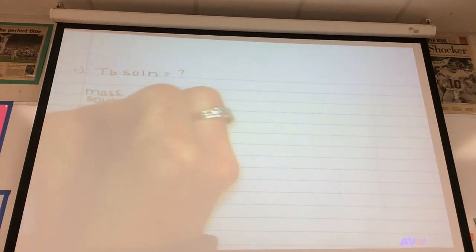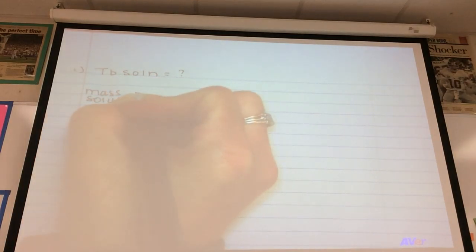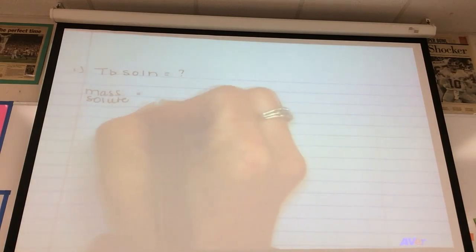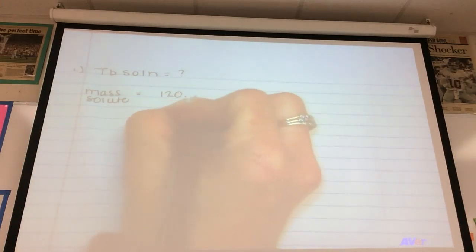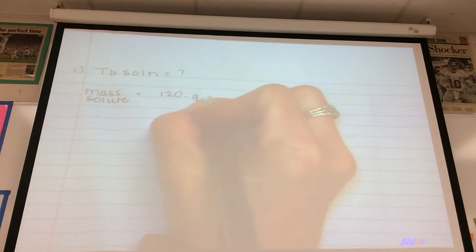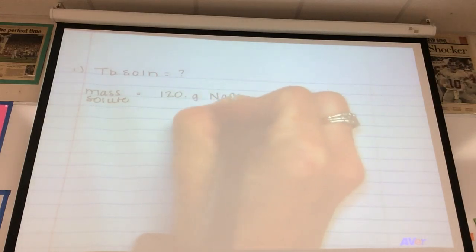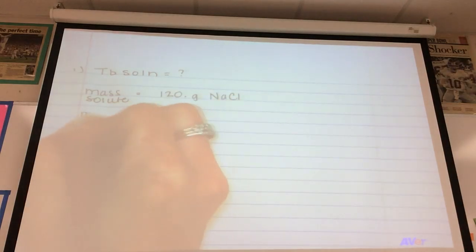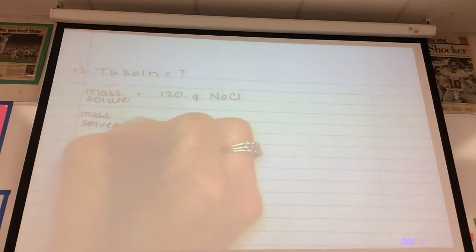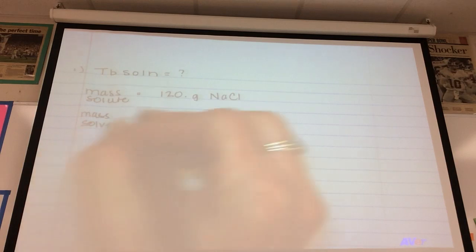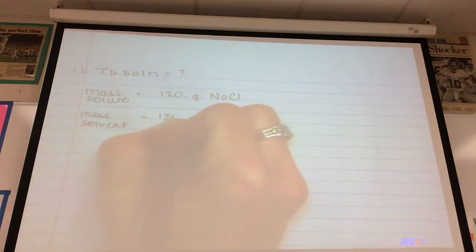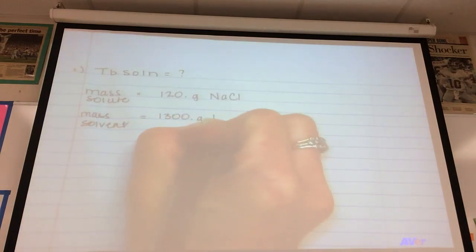The mass of the solute is 120 grams of sodium chloride, and the mass of the solvent is 1,300 grams of water.